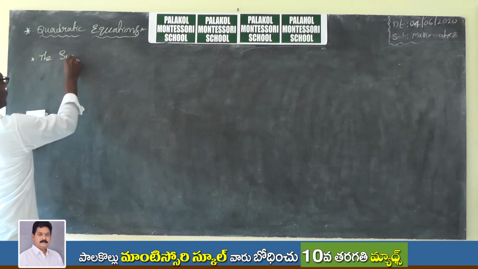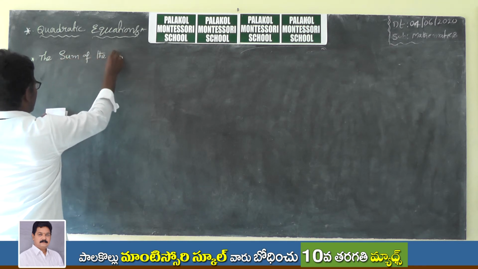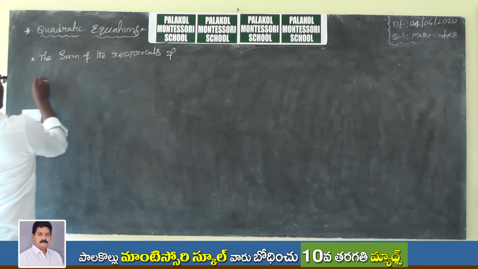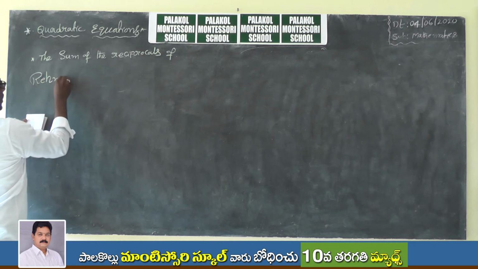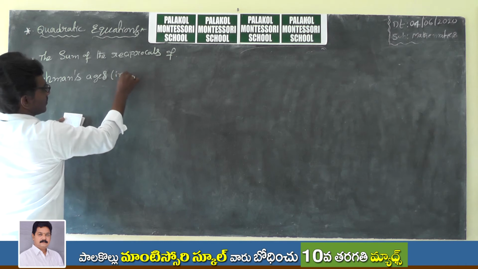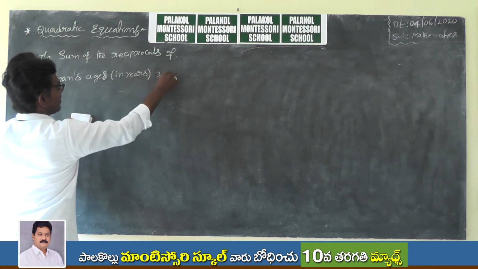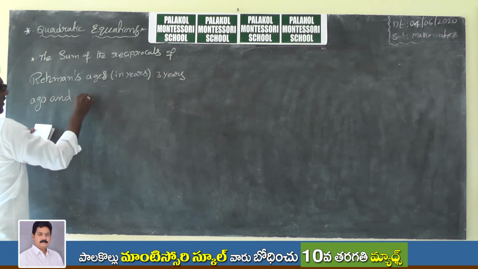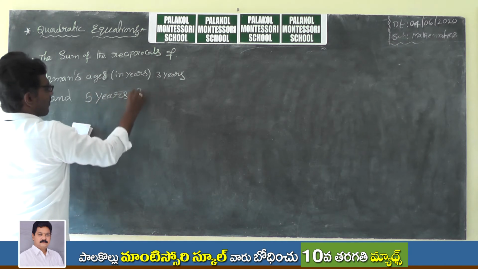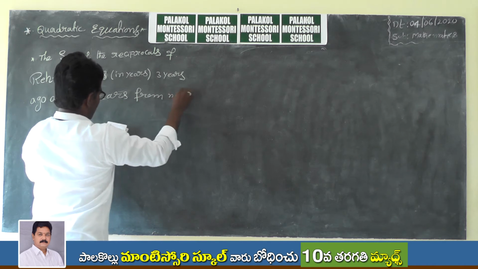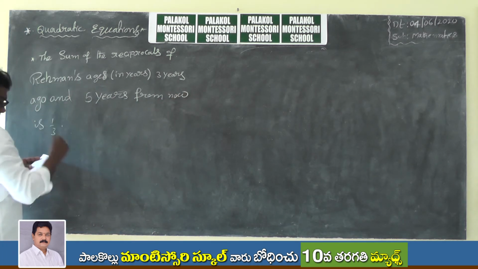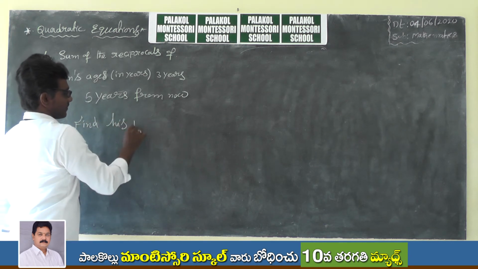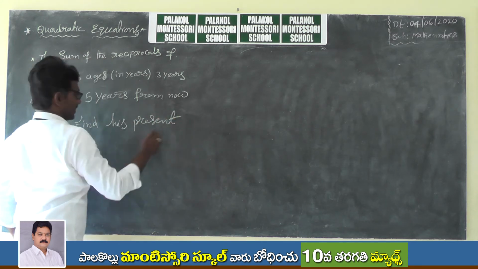The sum of the reciprocals of Rahman's age in years, 3 years ago and 5 years from now, is 1/3. Find his present age.